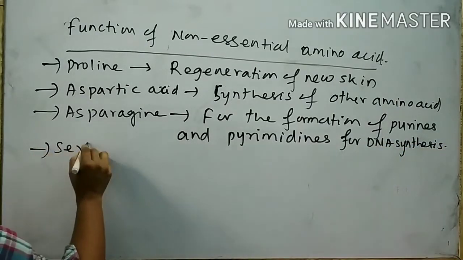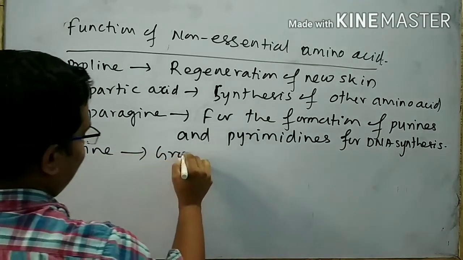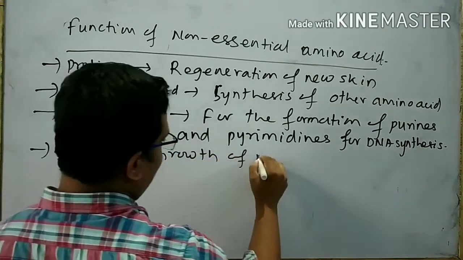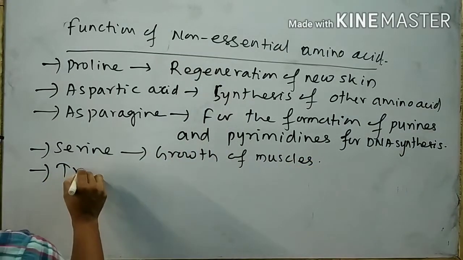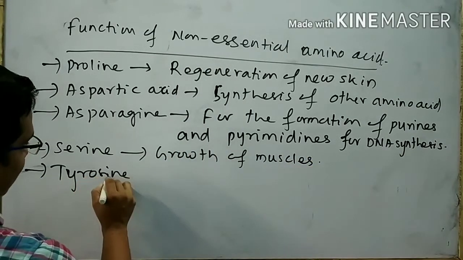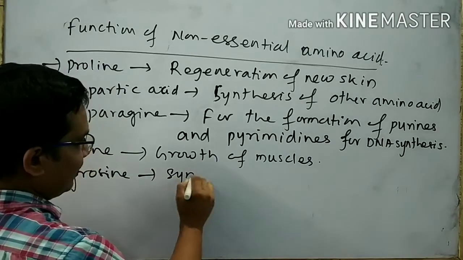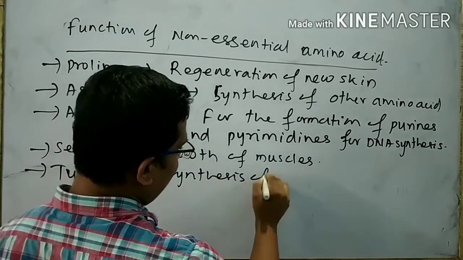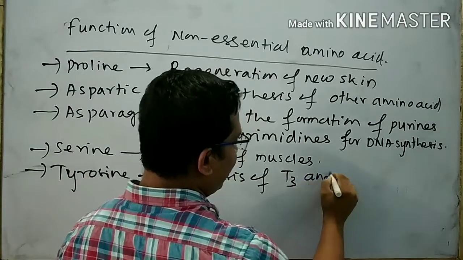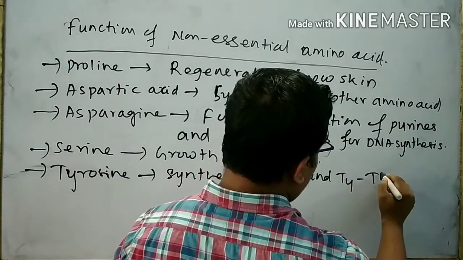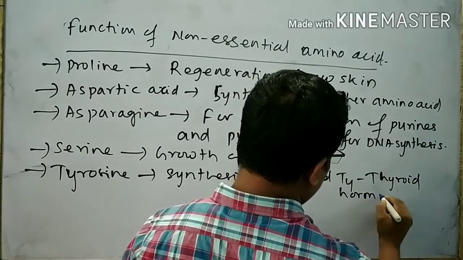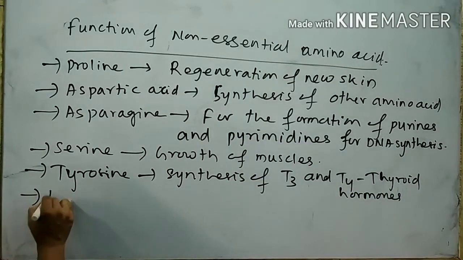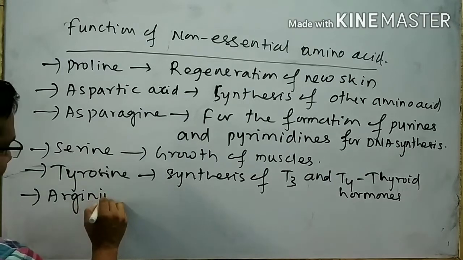Next is serine. It is responsible for the growth of muscles. Next is tyrosine. It is used for the synthesis of T3 and T4 thyroid hormones. Next is arginine.